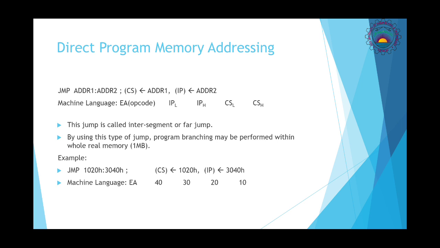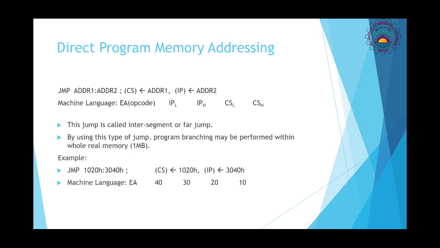The machine language is also shown here: the jump instruction of direct program memory addressing type will be stored in 5 bytes. The first byte is the opcode. EA is the opcode for direct jump, and the remaining 4 bytes are for IP and CS. After the opcode, you store IP: the lower byte of IP first, then the higher byte of IP, then the lower byte of CS, then the higher byte of CS.